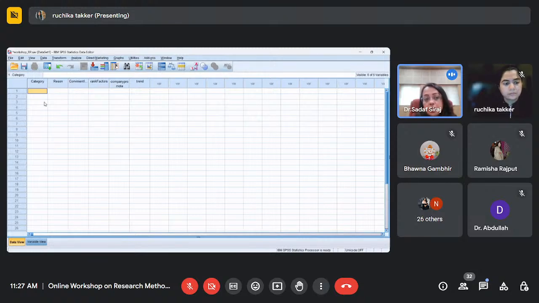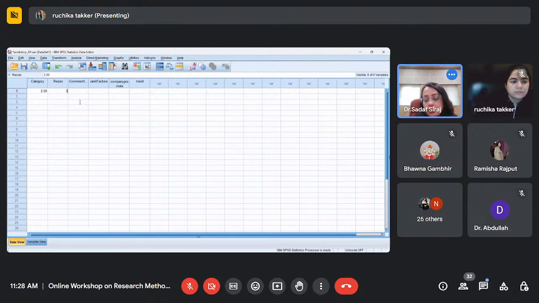So supposedly the person belonged to the category of 2, so you're going to put 2 in the category portion. Just write 2 there. ठीक है. फिर रीजन में you'll check the hard copy of the questionnaire. The reason for buying refurbished was maybe 3. I just put random 3. I'm just saying that it was 3.